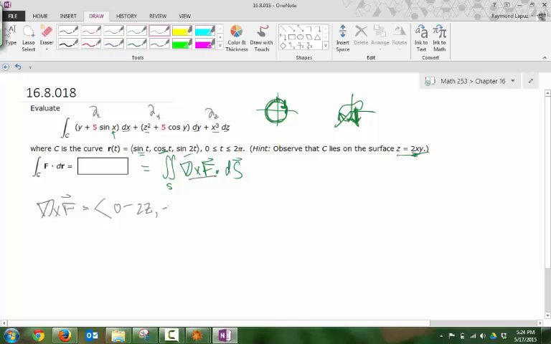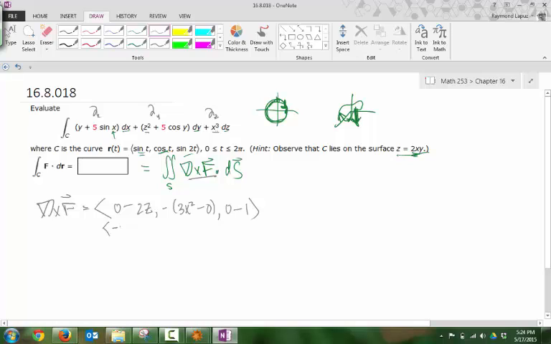The middle term will be a negative, and then we want the derivative of the last term with respect to x, and then the derivative of the first term with respect to z. And then finally, our last term, we want the derivative of the second term with respect to x, and then the derivative of the first term with respect to y.